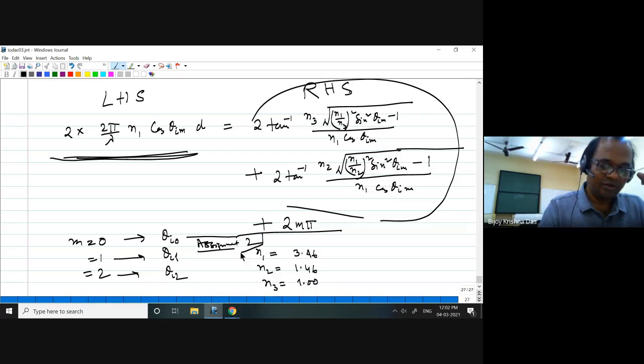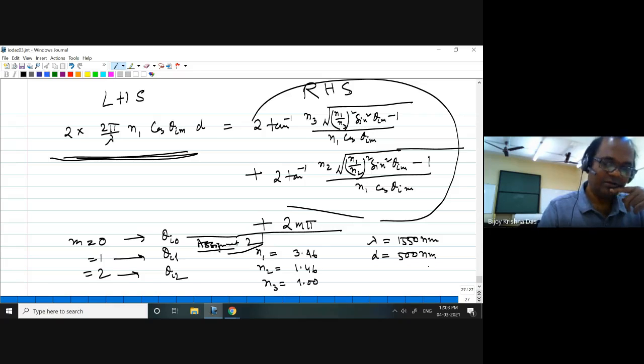So you consider N1, N2, N3. These are the refractive indices, and you consider a monochromatic plane wave, lambda equal to 1550 nanometer. And you consider D equal to, say, 500 nanometer.